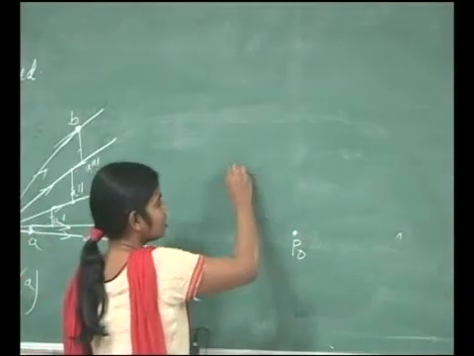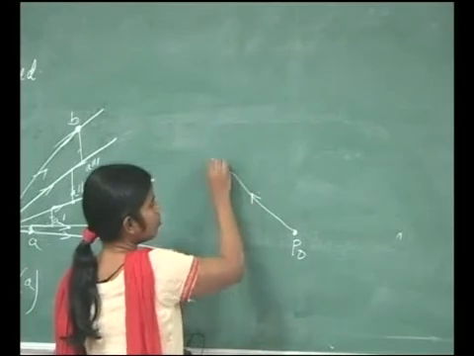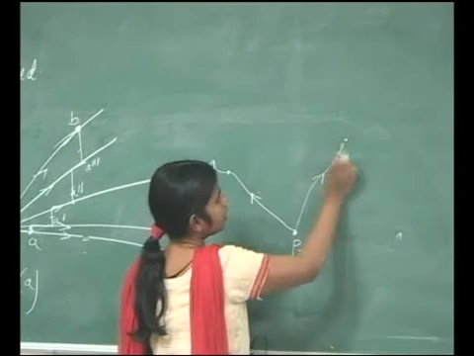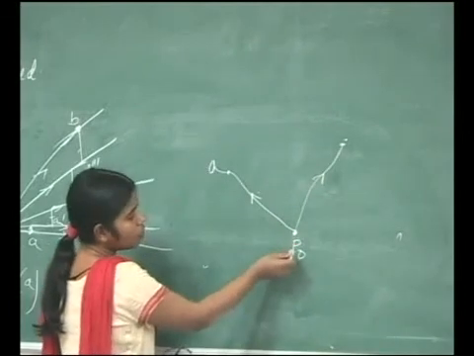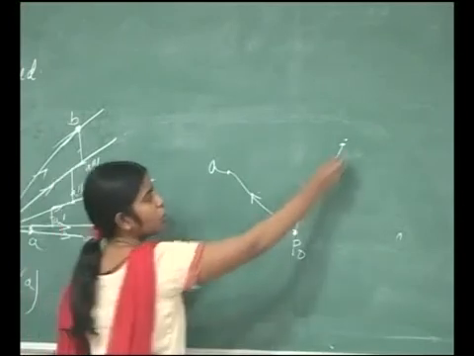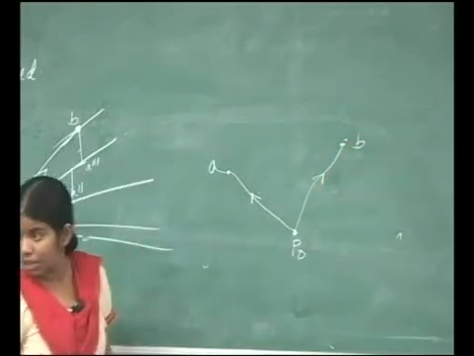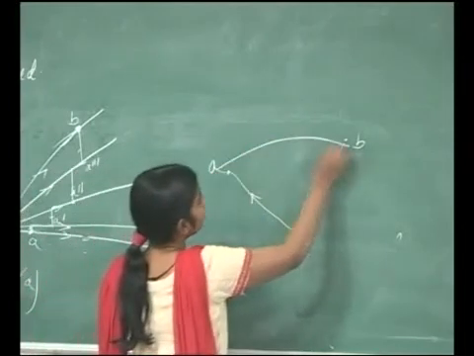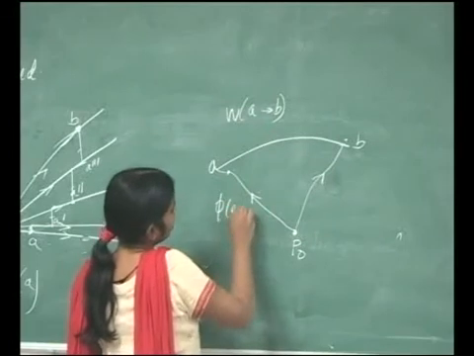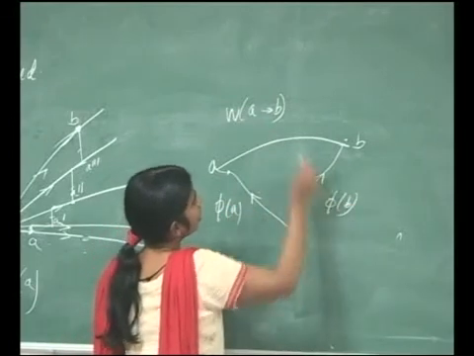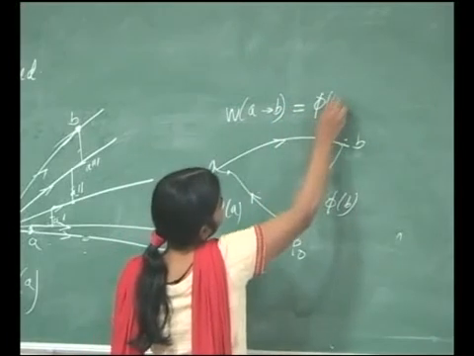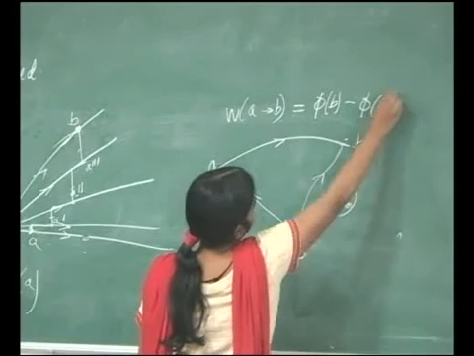Suppose this is point A and this is point B, and work done in going from P naught to A is phi A, and work done in moving from P naught to point B is phi B. Okay. Then I can say that work done in going from A to B is phi B minus phi A.